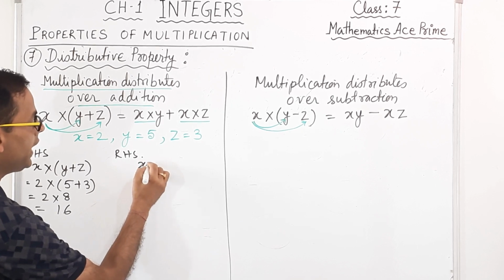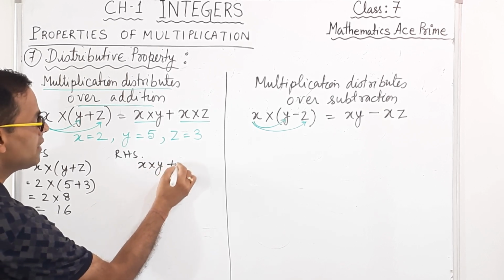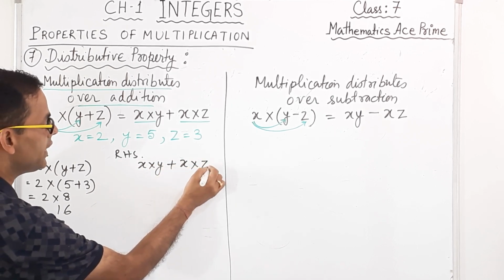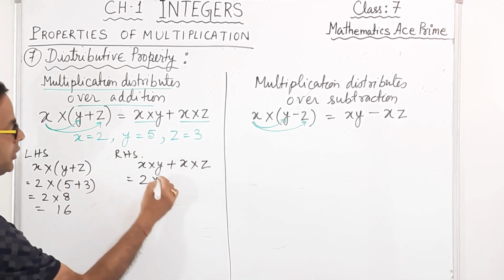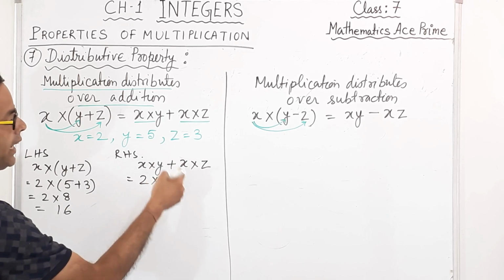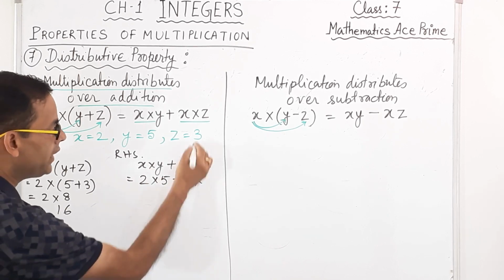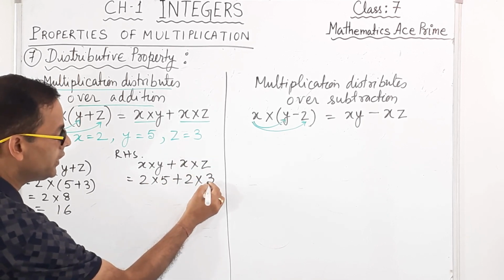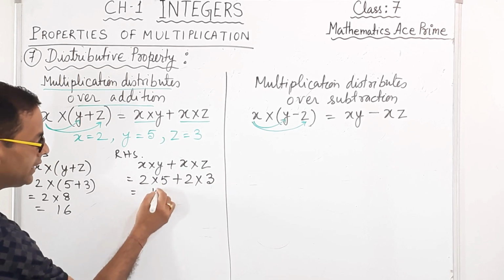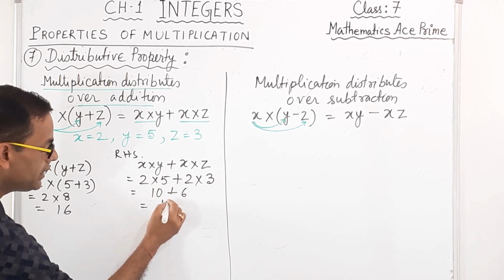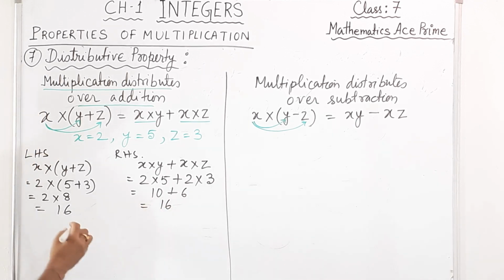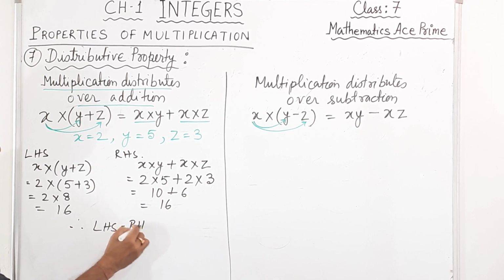RHS is x into y plus x into z. So x is 2, y is 5, plus again x is 2, z is 3. So 2 5s are 10 plus 2 3s are 6. When you add, it comes to 16. So 16, 16. Therefore LHS equals RHS.